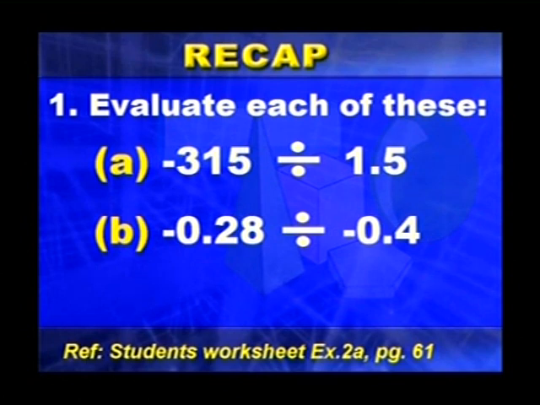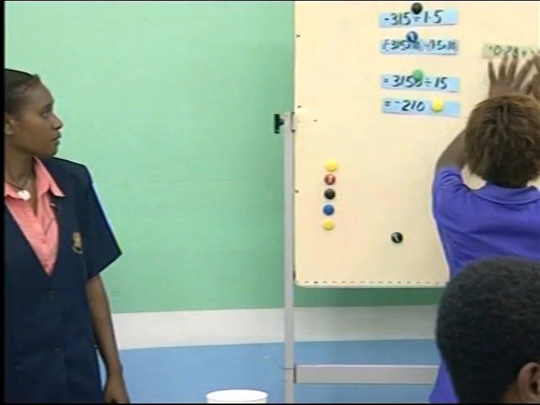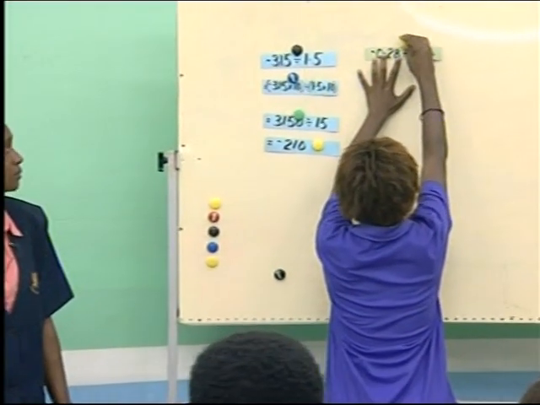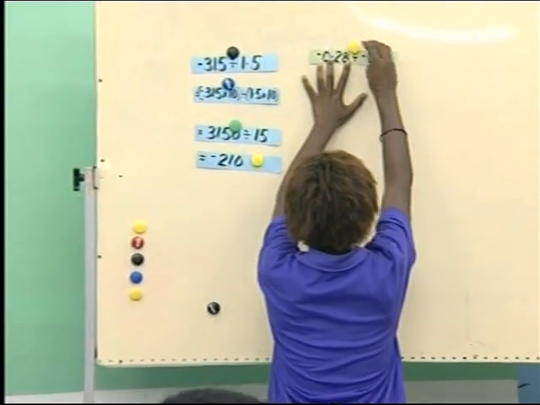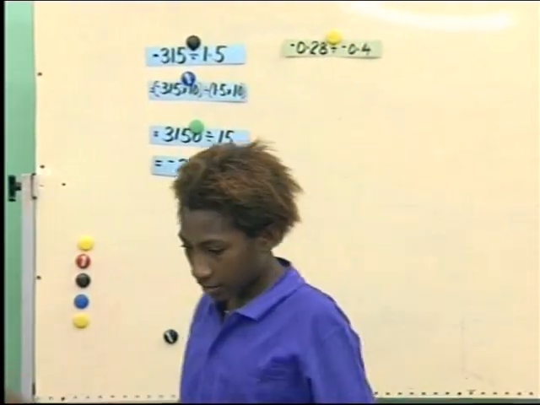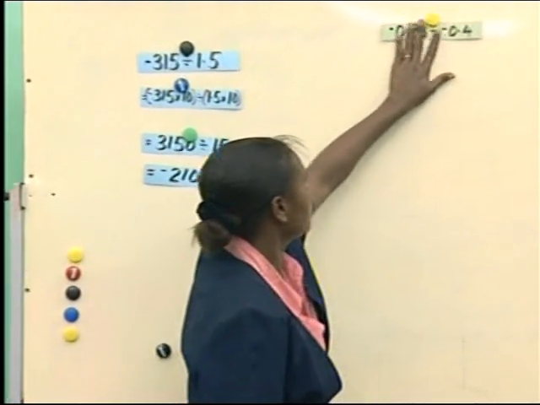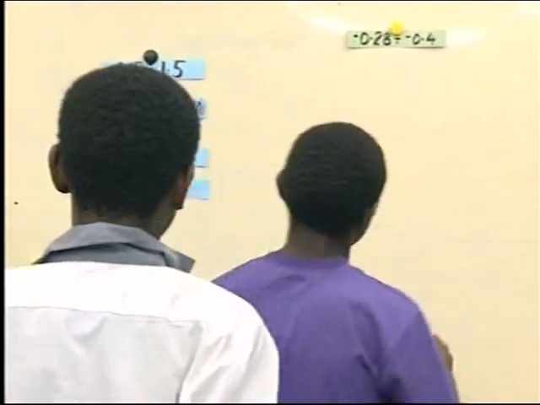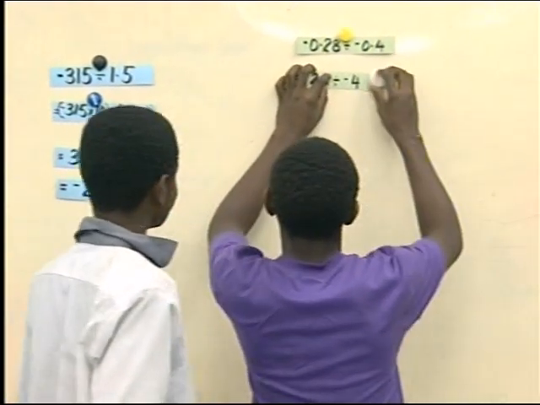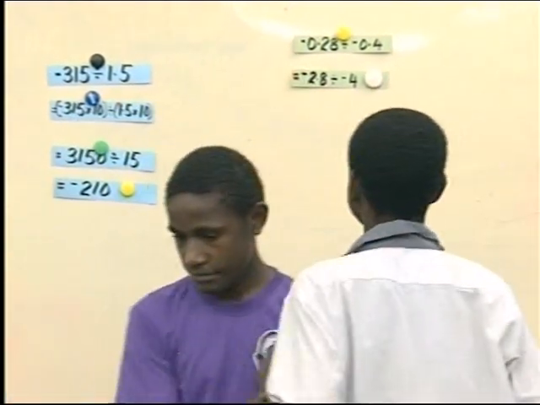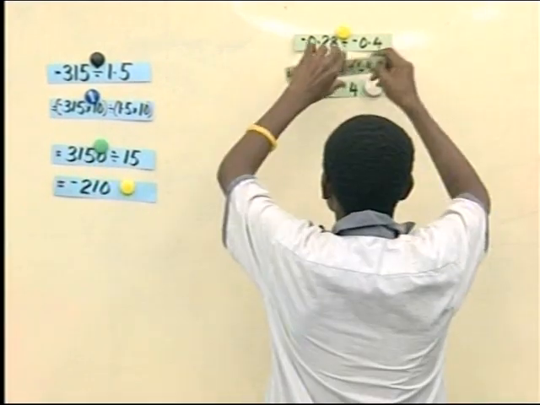Look at your flashcard. Quickly come up now and place your flashcard on the board. Exercise 1A. Remember to put your calculation at the right place.